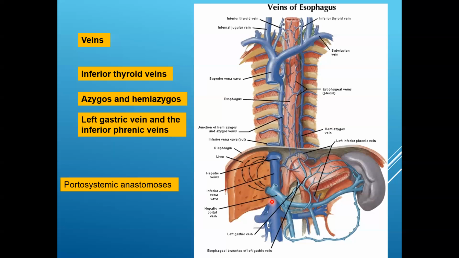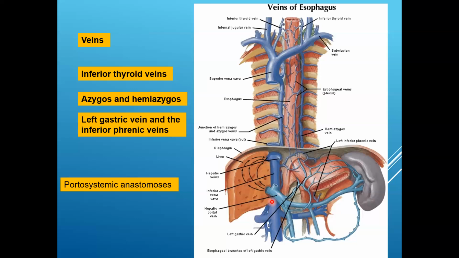Do they communicate with each other? Yes, they do. Why do we need connection with each other? What is the idea behind anastomosis? Arteries anastomose with each other. In case you have obstruction in one area, blood can be diverted to the other system, okay?